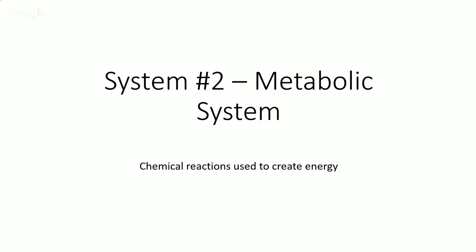System number 2 is the metabolic system. Now, these are the chemical reactions used to create energy. So again, once your cardiovascular system has delivered oxygen and fuel to the muscles, or the muscles have freed up fuel and have it available to work, then they need to be able to utilize that.